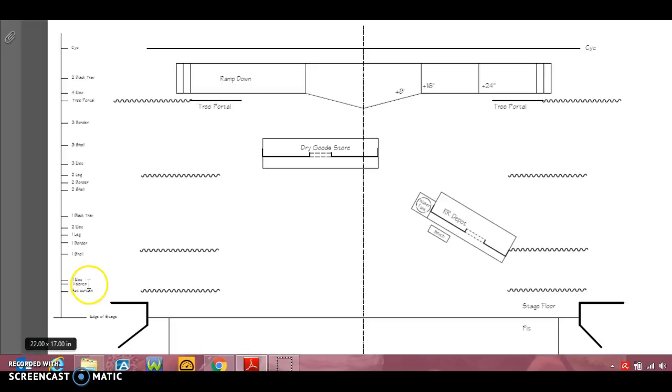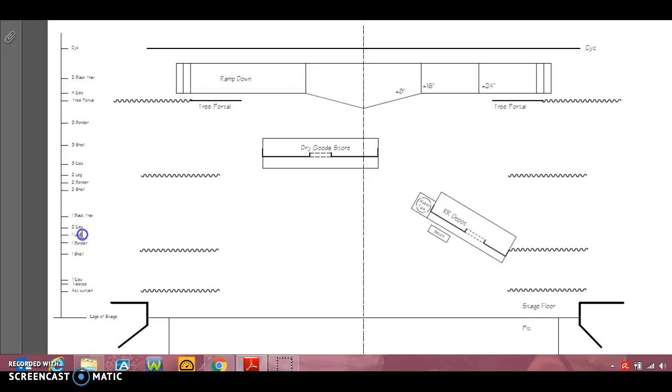It's not as short as the valance is. The border is another black curtain that covers the second electric, and possibly another rail that might be back there that is being used for scenery and things like that. But borders are used to mask anything that might take away from the magic. Any kind of technical elements that are back there.